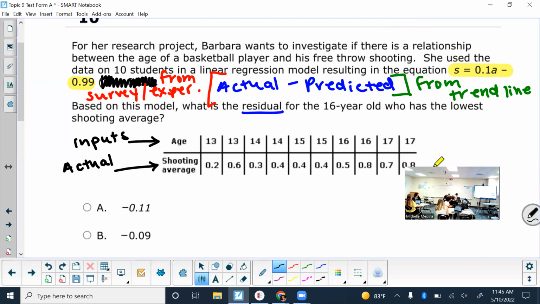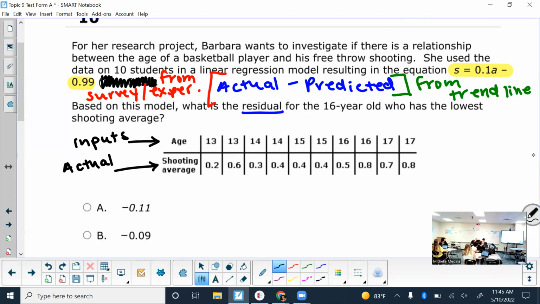That's from her experiment. The predicted we need to find, and we don't necessarily need to find it for every single input, just for the 16-year-old with the lowest shooting average. So which one are we looking at? The 0.5 or the 0.8? The 0.5. So we're really just looking at this part.